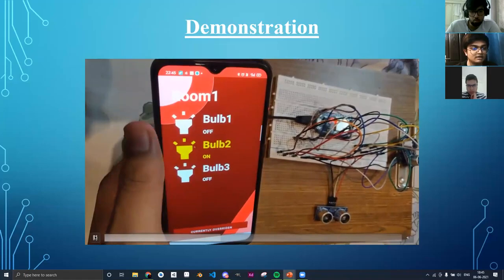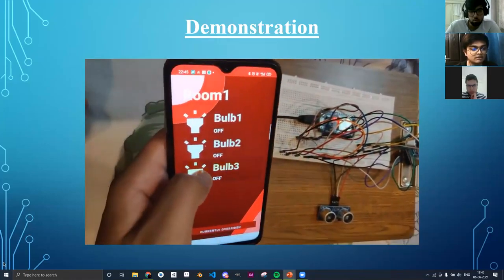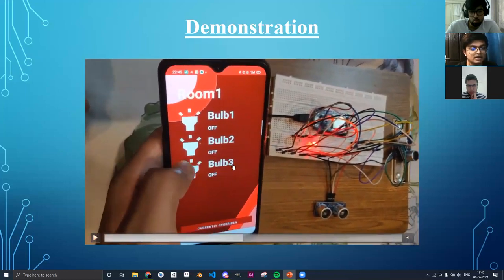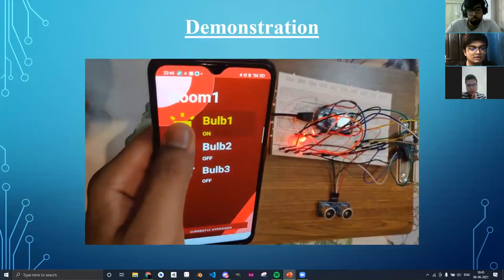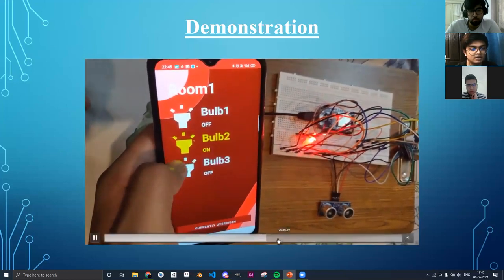I'm using the Android application to control the bulbs, and the interface is quite simple. If I long click on any of the bulbs, a change will be seen in the list item, and we can also see that the bulb on the breadboard turns on. So you can see the bulb turns on, now it turns off. Same for bulb 2.